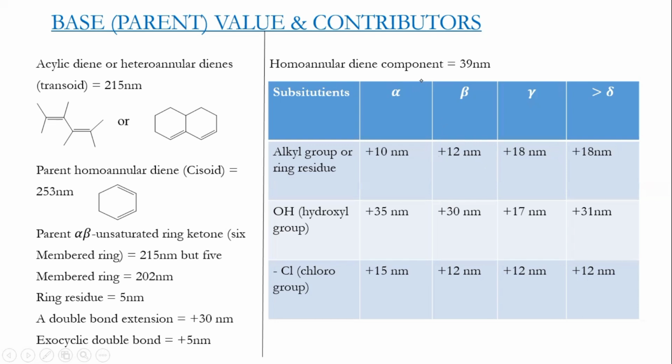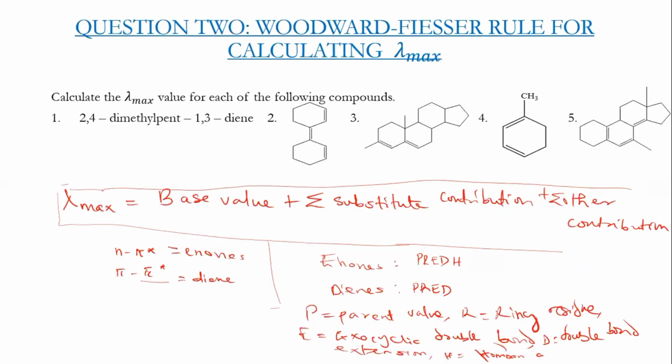The homoannular diene component has the value of 39. So for the first question, they ask us to calculate the lambda max of 2,4-dimethyl pentadiene.